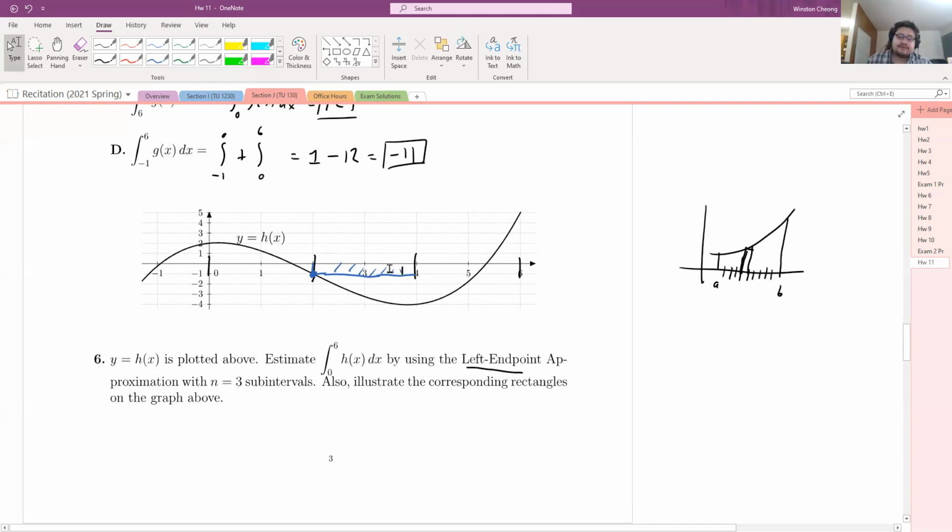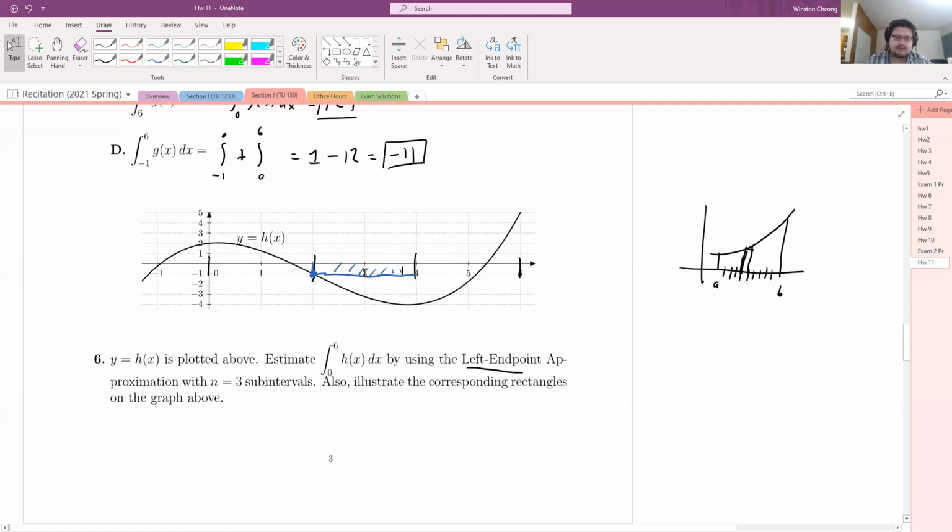If instead we were asked to find the right endpoint approximation, we would make the height of the rectangle assigned to this subinterval match the height at 4. And there's another approximation method that you don't learn about in Calc 1, although you totally could, called the midpoint approximation. You take the midpoint of your subinterval.